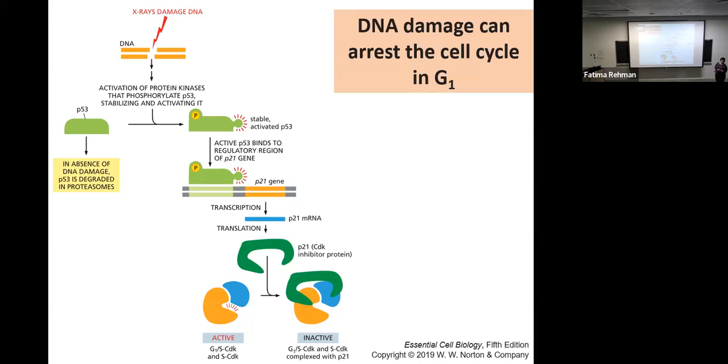Once it is stabilized and phosphorylated, it can translocate into the nucleus. It can bind to P53 response elements inside the genome and activate transcription of genes related to its function. Depending on what type of phosphorylations happen, it binds to different types of operator regions in the genome, activating different types of genes. One big gene that it activates is P21.